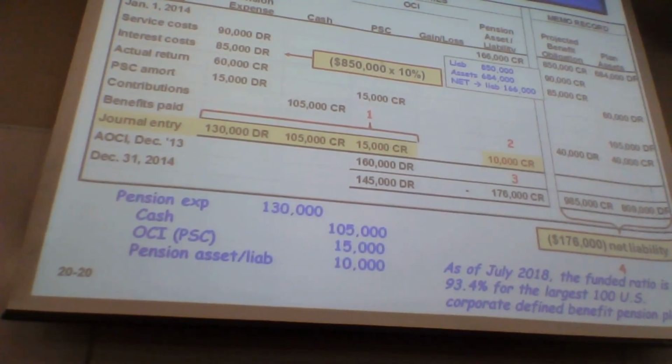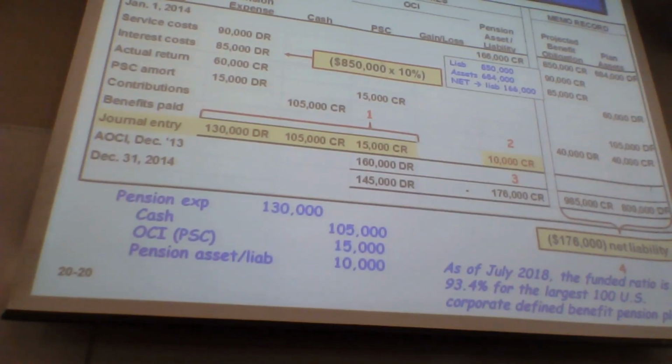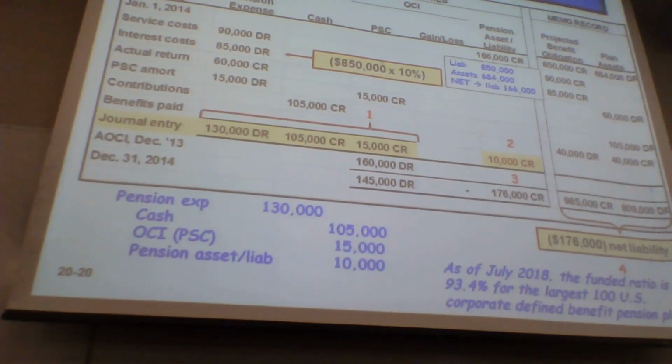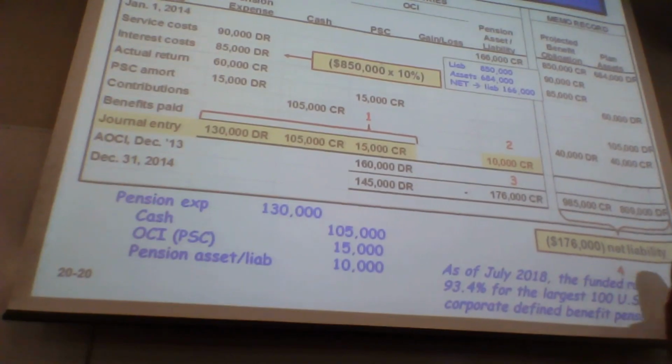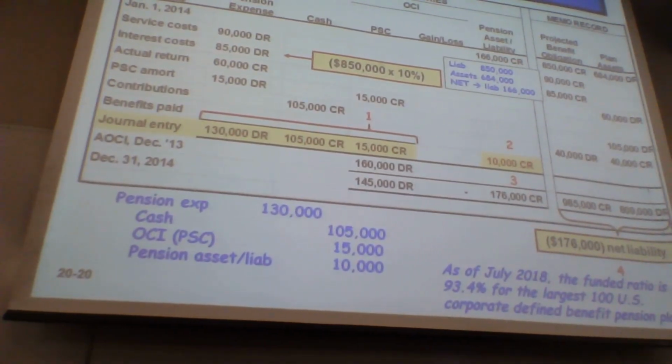And you don't need to know that for the exam or anything. It's just a little fun tidbit in case you're wondering, do companies mostly fund or underfund? They're mostly underfunded. As you can see, the ratio is 93.4%, but it's a lot higher than I expected, that they're close to being 100% funded.